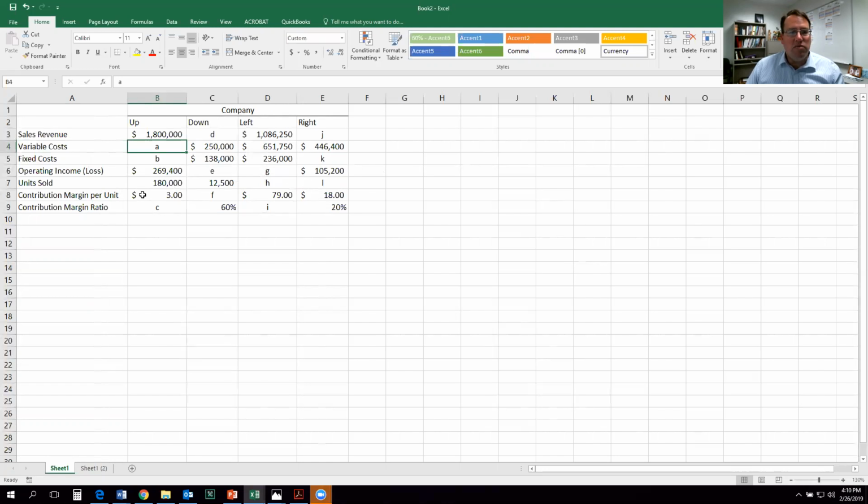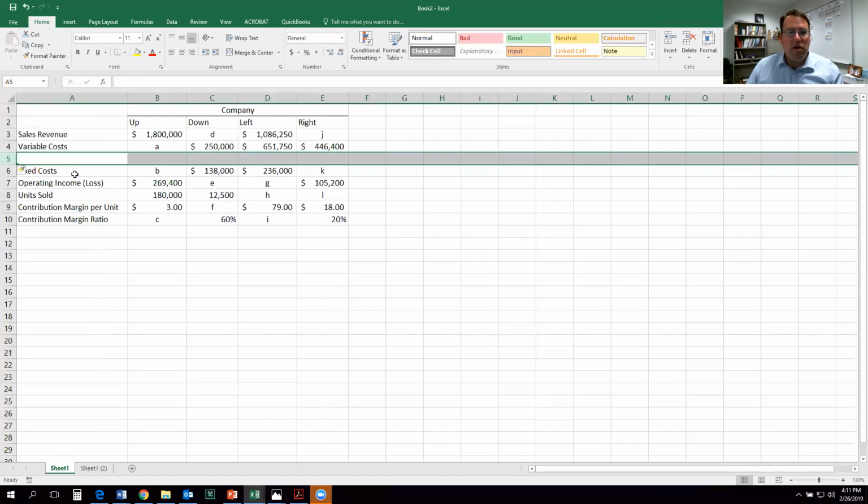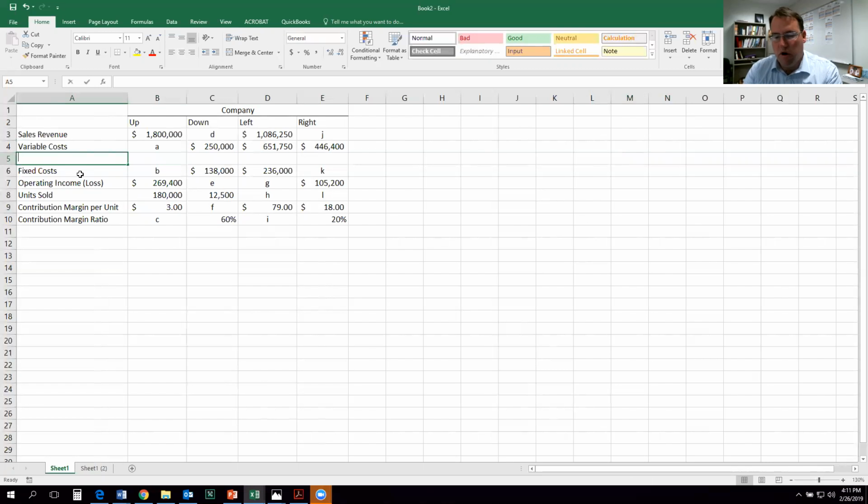And our contribution margin per unit would be our contribution margin divided by the number of units sold. And our contribution margin ratio is our contribution margin divided by our sales revenue. So I'm actually going to add a row in here, and call it contribution margin.